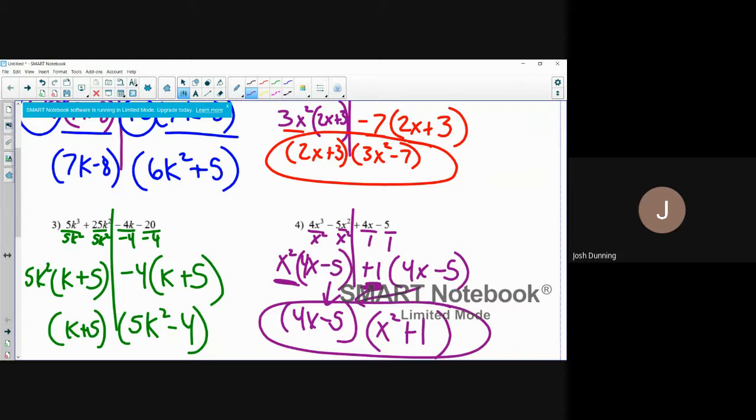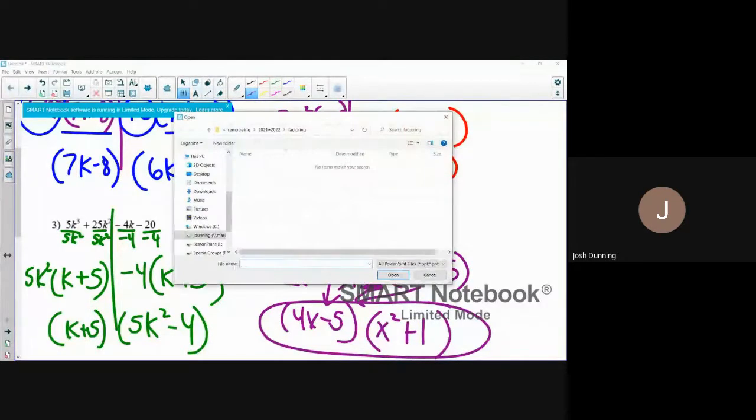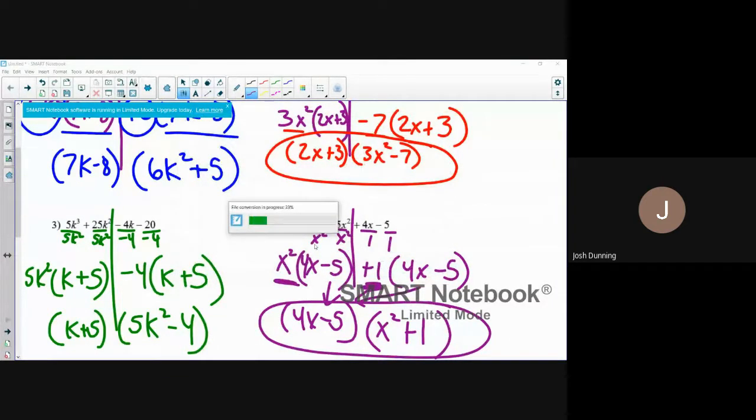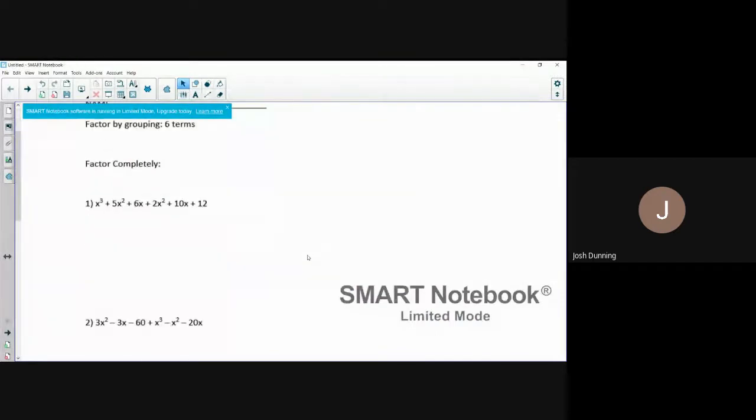Now the next one is another factor by grouping, but instead of 4 terms, we'll have 6. It's done the same way, though, for the most part. We'll still split it right down the middle.